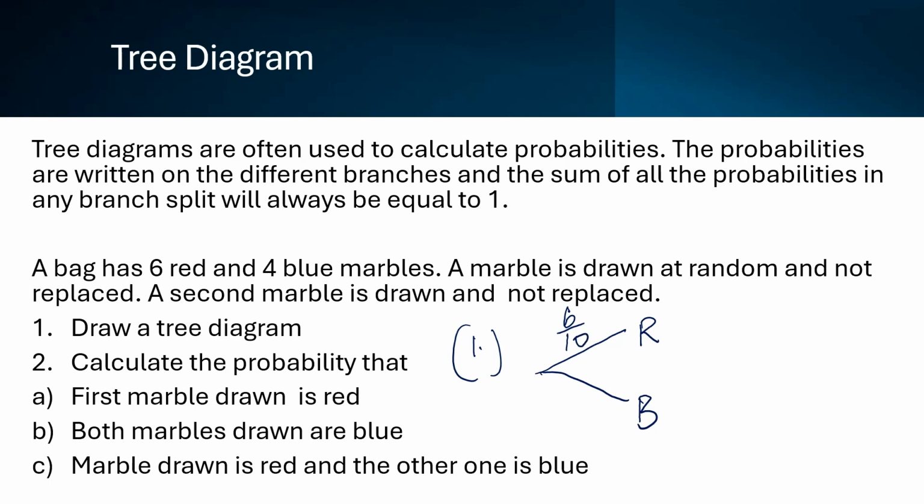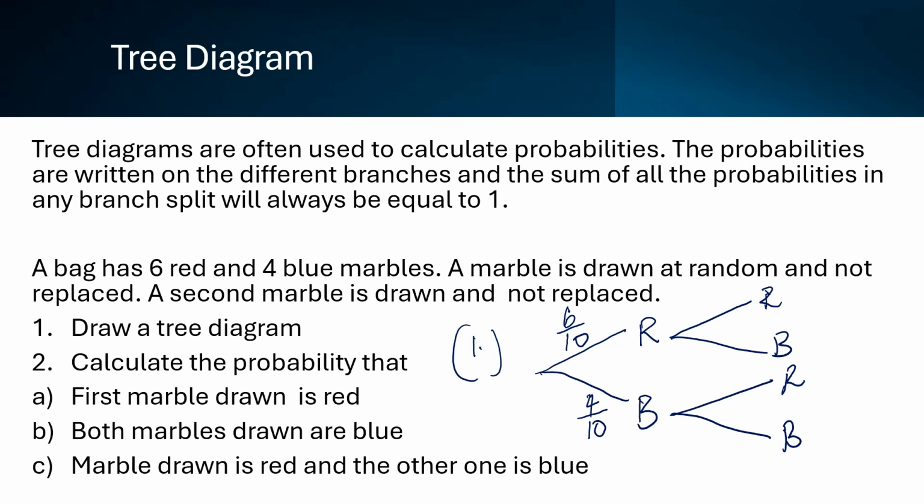For the blue marble, it's 4 divided by 10. Do recall that we are doing this 2 times because the second marble is then drawn, so we do this for another trial. There must be a red marble and a blue marble.